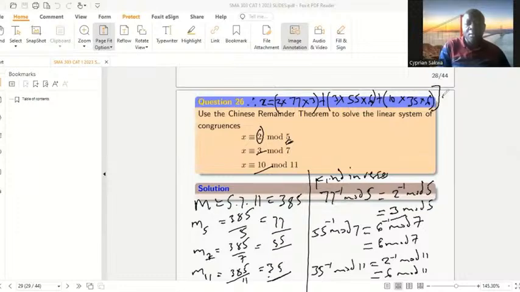Then the whole thing we are doing mod what? Mod 385.